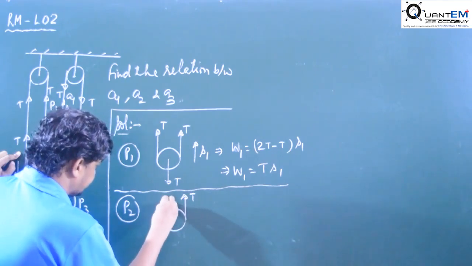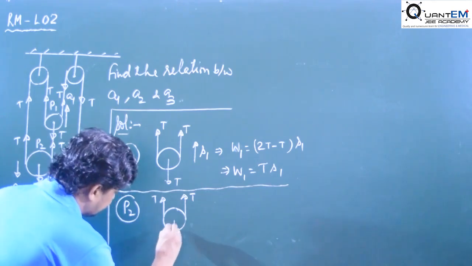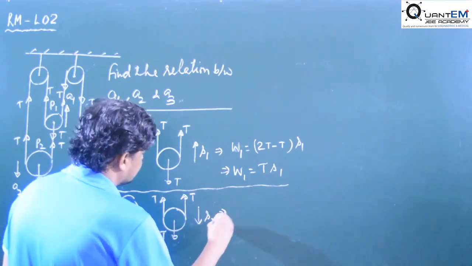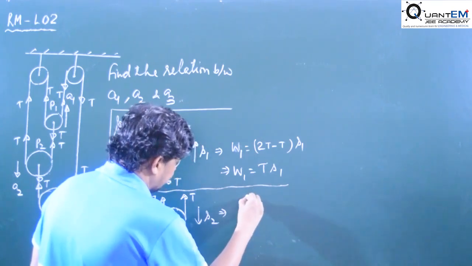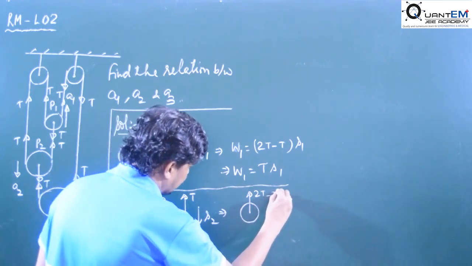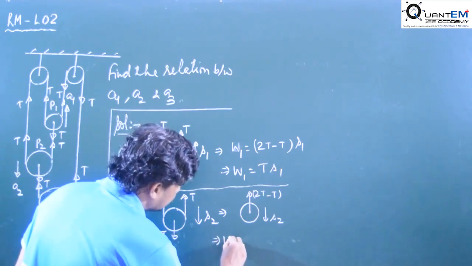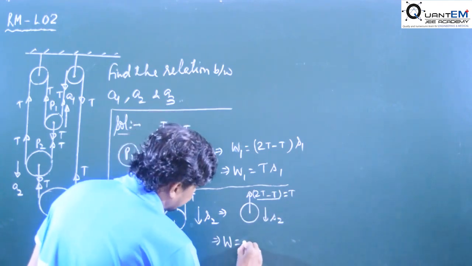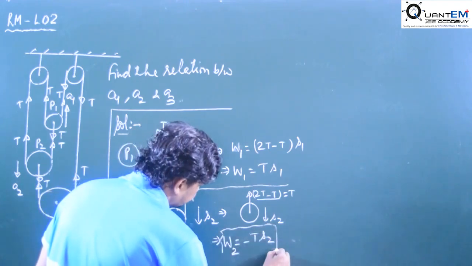Tension T, and the downward tension is also T, and displacement is in the downward direction. So see, over this pulley we have a tension 2T in upward direction, and this tension is in the downward direction. So it is 2T minus T, but the displacement is in the downward direction. So net tension, that is T, and displacement are opposite to each other. That's why work done, W2 is equal to minus TS2.